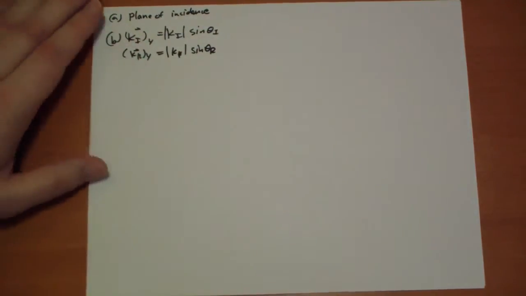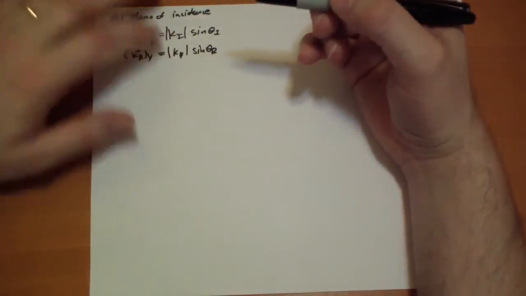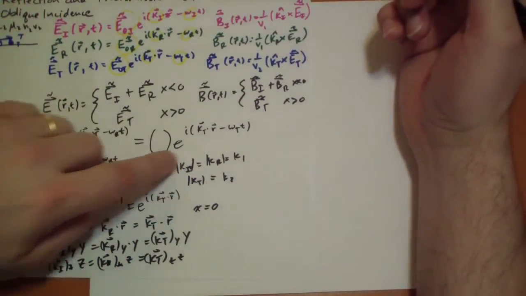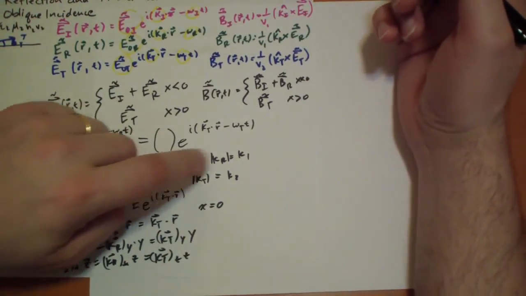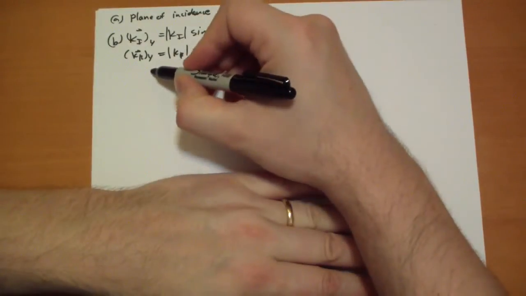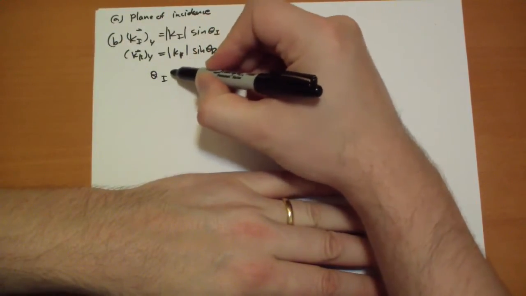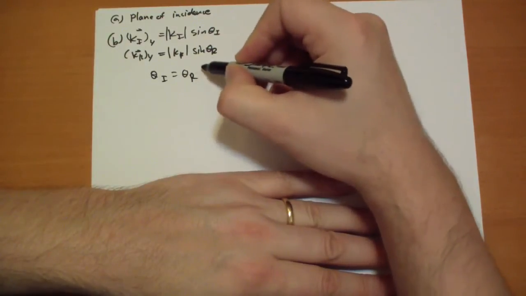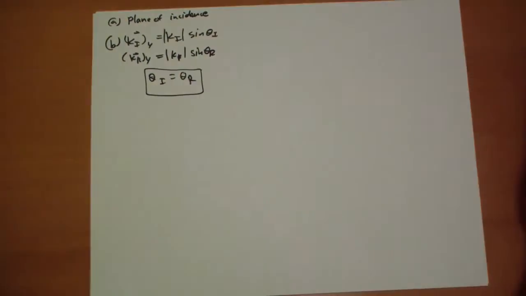Now these two have to equal each other because, as we said before, they have the same omegas, and since they're in the same material, they must have the same magnitude, right? And so we're left to conclude that theta I must equal theta r. The angle of incidence must equal the angle of reflection.